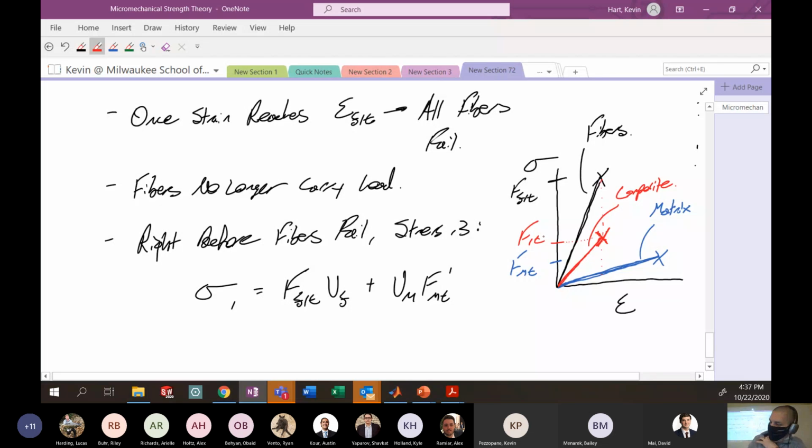It's the strength of the composite in tension. We can give some strain values here that are important. This is the strain of the fiber in the one direction in tension that would cause failure. This here is the strain in the matrix in tension that would cause failure.